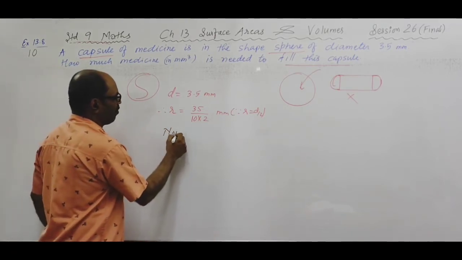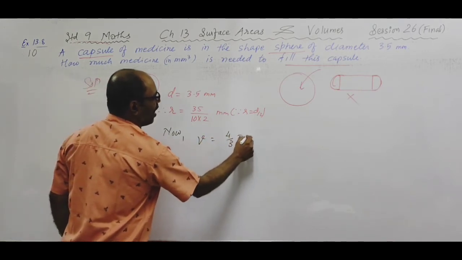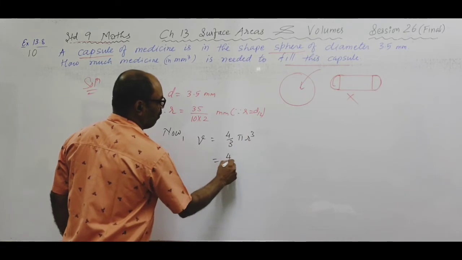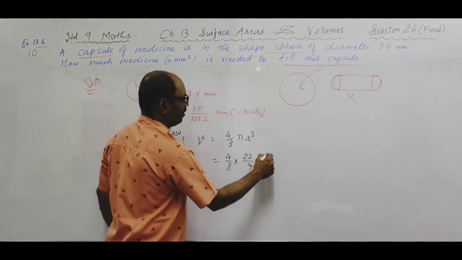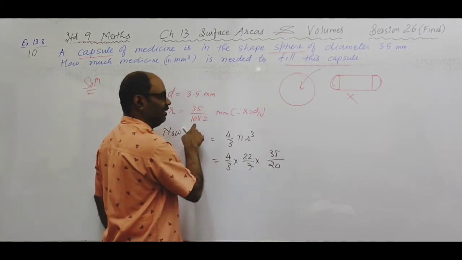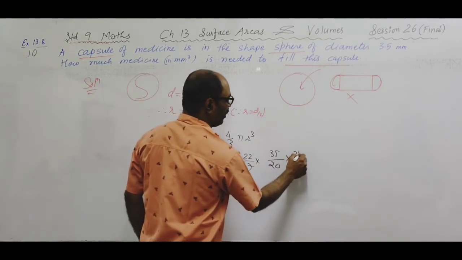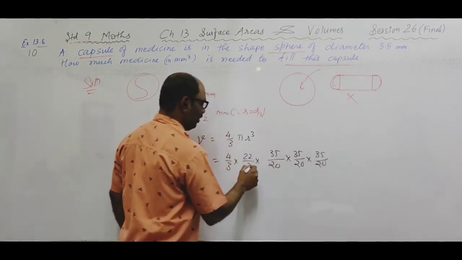Now volume is equal to, what is the formula? 4/3 pi r cube. So 4 upon 3 pi, 22 upon 7, radius 35 upon 20. May I write that? Yes. Into 35 upon 20 into 35 upon 20.